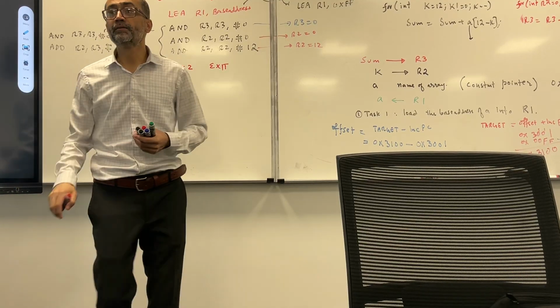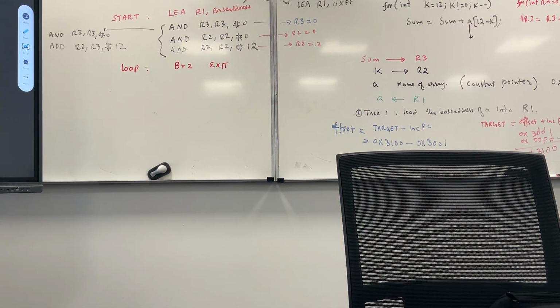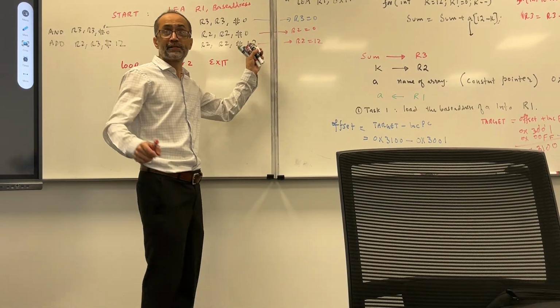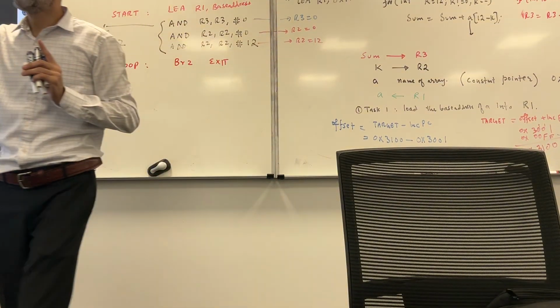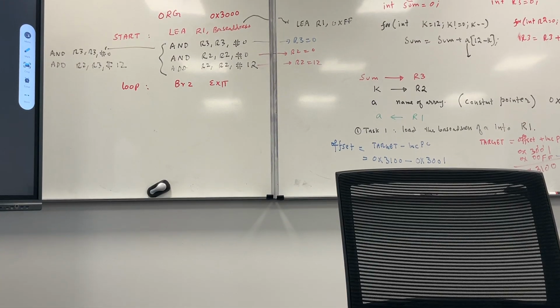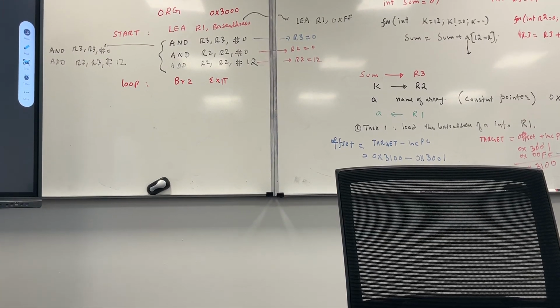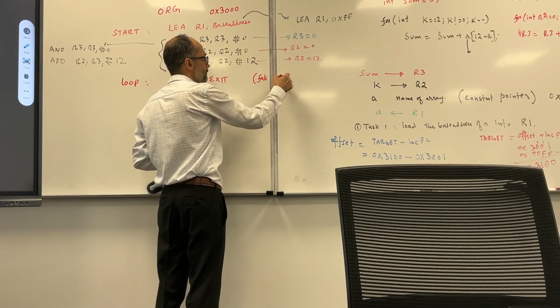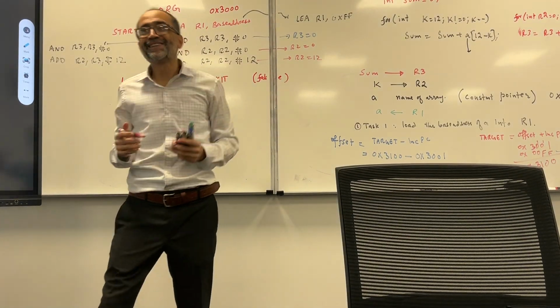Which flag are we checking? Zero flag. Now please remember, R2 is equal to 12. What is now the value of R2? 12. Is it 0? No. So will the condition be true or false? False. If the condition is false, it will come to the next instruction.